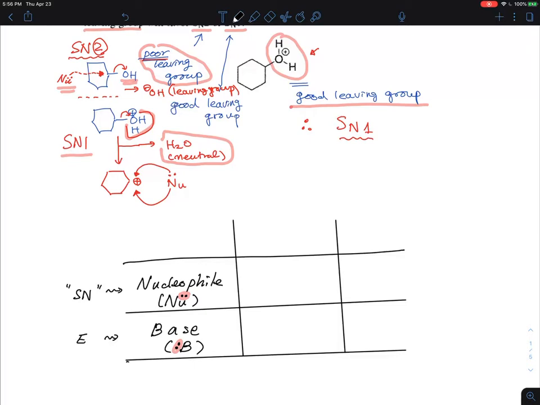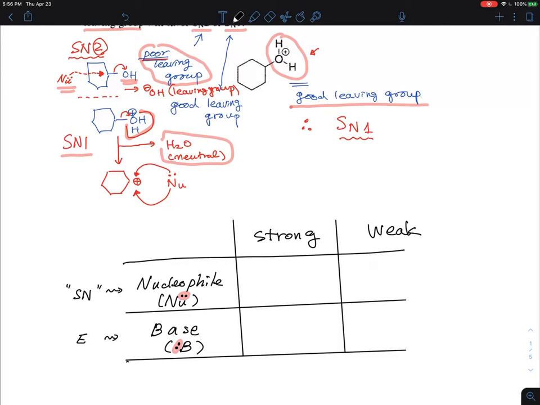And there are two different types of categories. One is, what if you're using a strong nucleophile? What if you're using a weak nucleophile? If you have a strong nucleophile, it means the nucleophile itself is a good one to push the reaction.